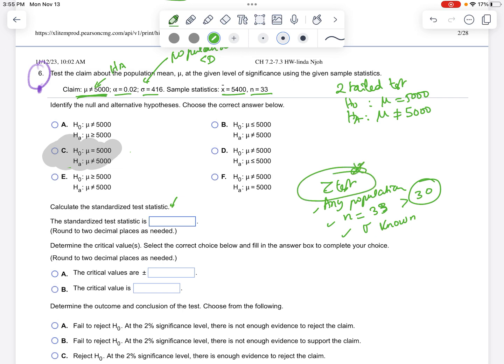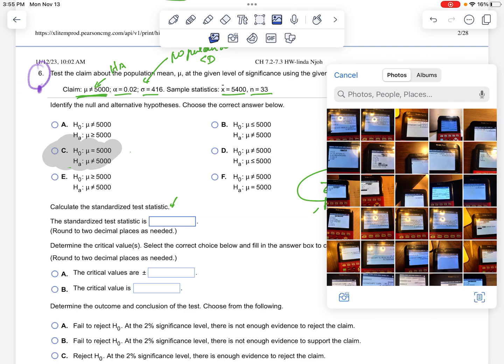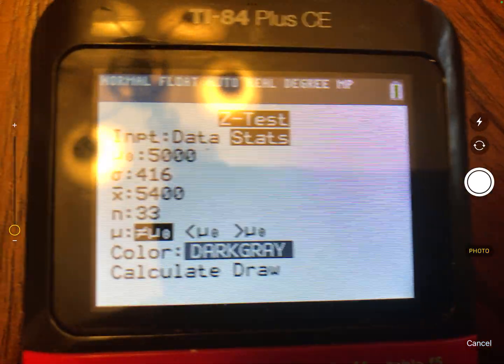Okay? So if that's the case, I'm just going to go to my calculator, go to stat test, z-test, and I'm going to enter that information in there, right? I'm going to quickly type that in and just share it with you guys as a picture. But it's a matter of knowing how to use your technology and knowing how to recognize which test to use and which one not to use. All right, so this is how we set up.